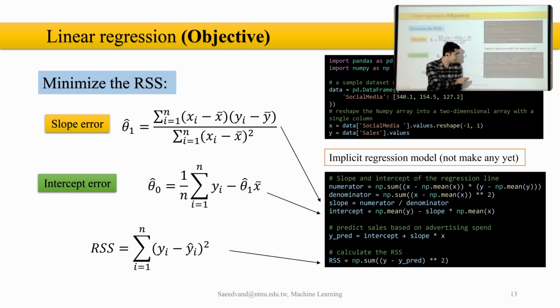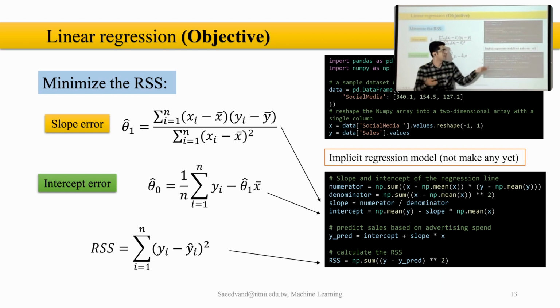And after that, how can we have the prediction, the y predicted? The prediction is the simple linear regression model that I have, right? We said the intercept theta 0 added to theta hat 1 times the x. So this is the linear regression model. But this is like an implicit definition.